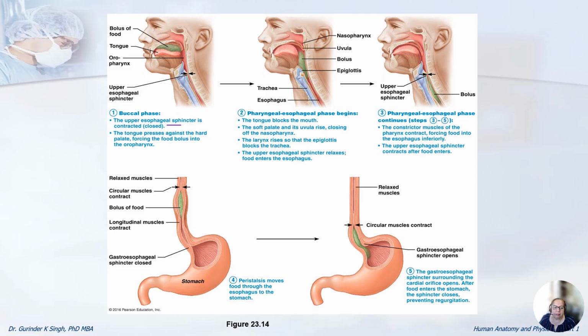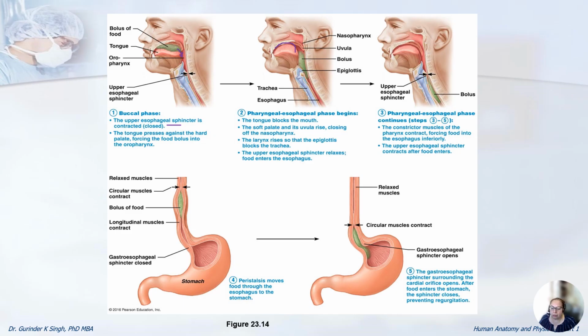Your tongue presses hard against the hard palate, the roof of your mouth, forcing the food bolus to go back downwards, into the oropharynx. Okay, in here, the second phase, your pharyngeal phase, begins. So now the tongue is touching the roof of your mouth and it's blocking the whole mouth cavity so that the bolus cannot come back.